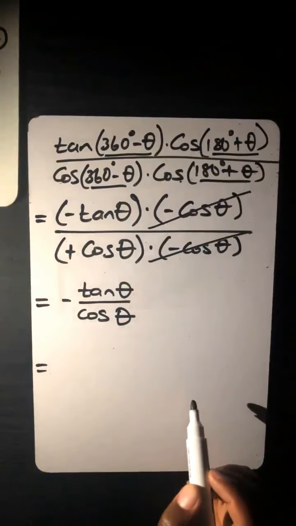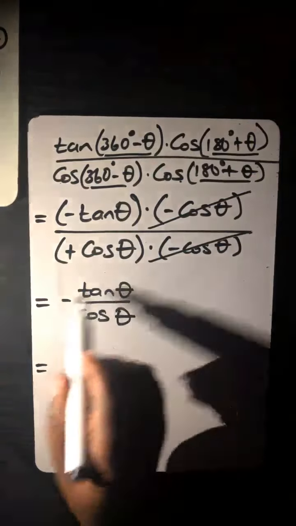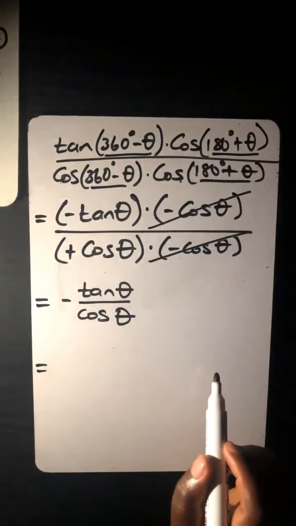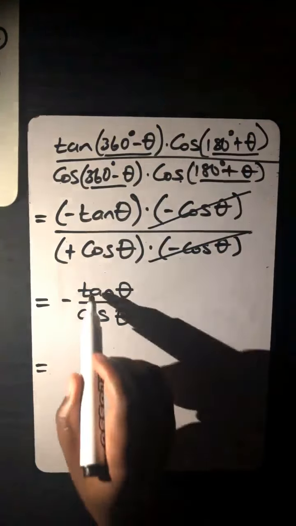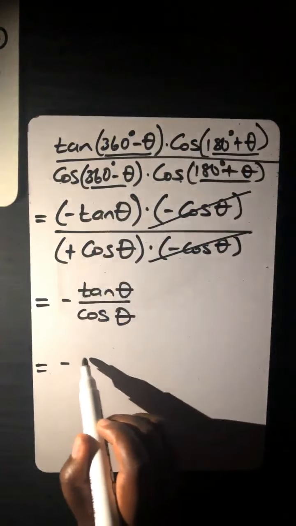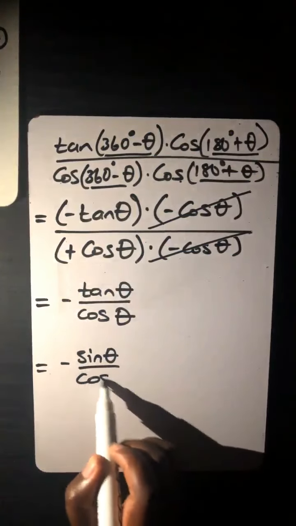Maybe we can further simplify this, or we just leave it as it is. I know tan is actually negative sine angle over cos angle.